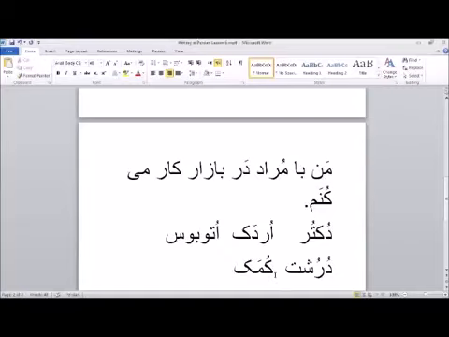We can say komak kardan. Komak kardan is a compound verb. This is all together as a compound verb to help. In Persian we say help, do. To do help, for example. Komak kardan. Okay.